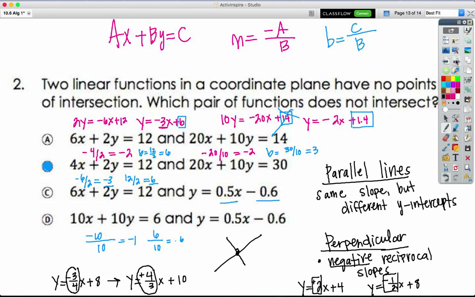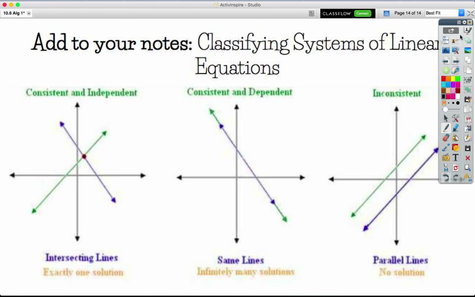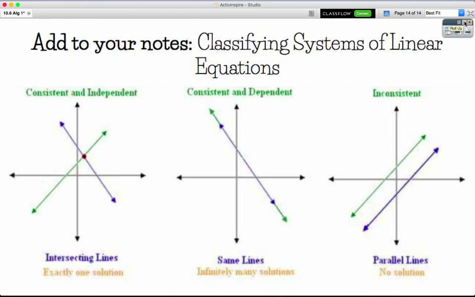So the last thing you need to add to your notes is mostly a little bit of vocabulary. There's some terminology that we can use for the different scenarios that occur with systems of linear equations. Basically, if our two lines intersect at one point, they are considered to be consistent and independent.